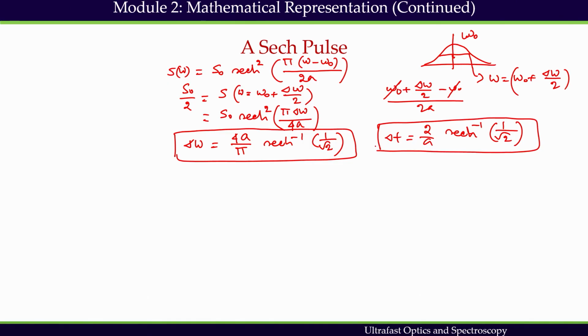So to get time bandwidth product, I just multiply delta t delta omega. I get 2 by a multiplied by 4a by pi (1 by square root 2 whole square. If we simplify, then I get delta t 2 pi delta nu, which is nothing but 8 by pi.